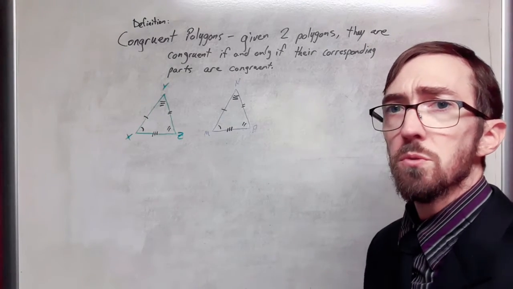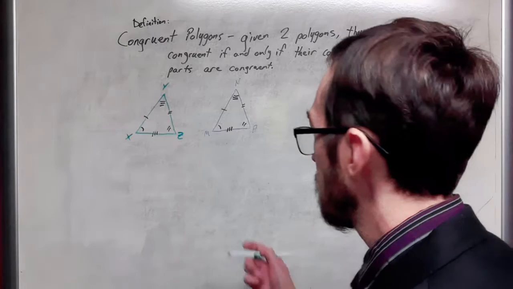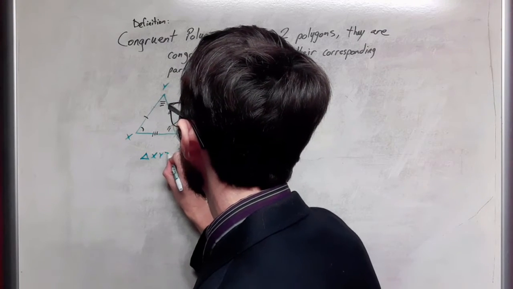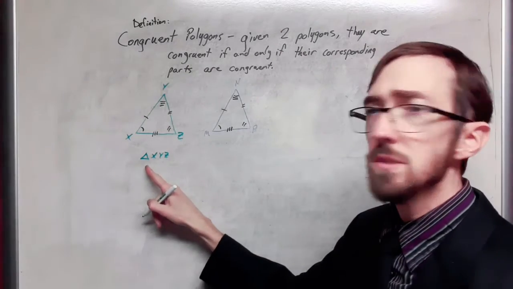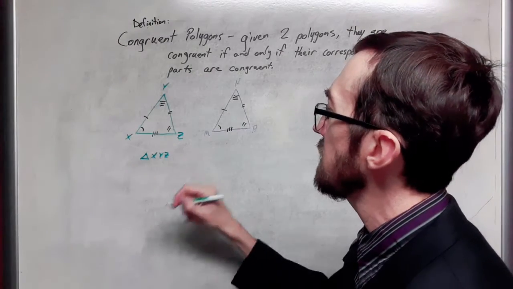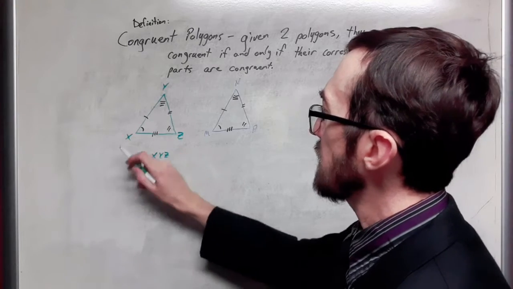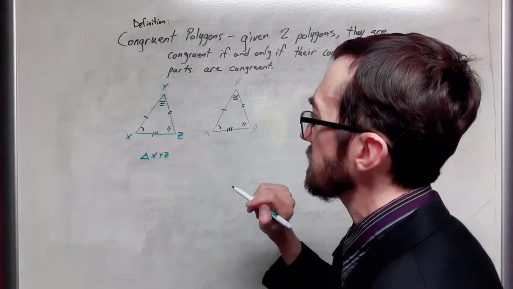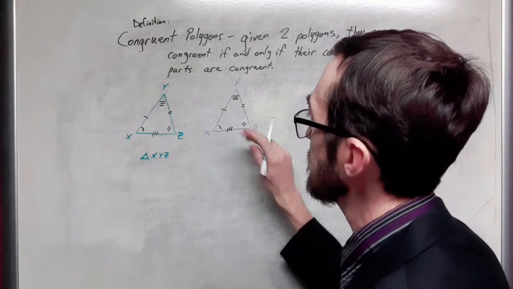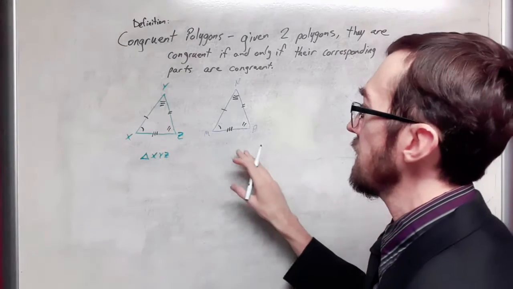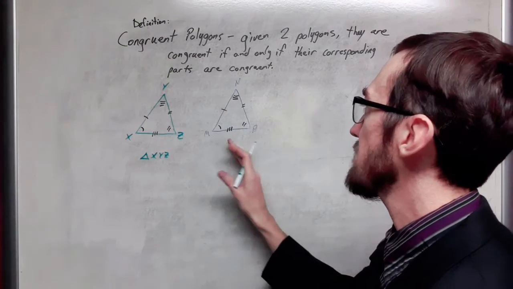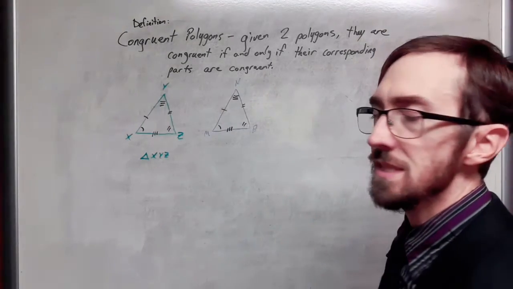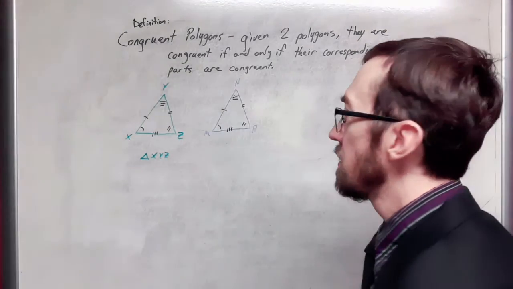I want to also talk about some notation. When we look at triangle XYZ, when I write this symbolically, notice I put my triangle symbol and then I put the vertices. I started in the lower left corner and went around clockwise. When I go to make a notation about this triangle, being that I want to establish that I'm going to make a statement about it being congruent to the first one, I want to go through and write the vertices in the same order.